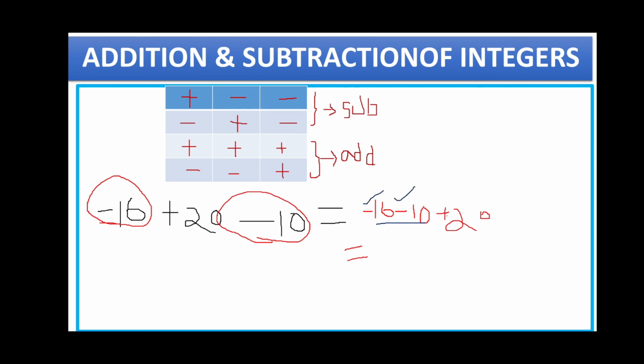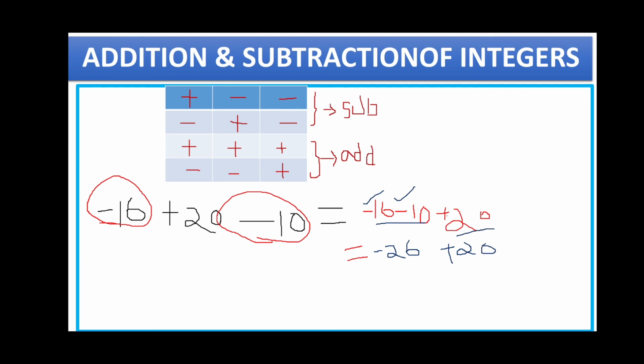We are doing addition here as both the integers have the same signs. That is 26. And what sign do we have to assign for 26? Yes, it is minus. So minus 26. And what is the remaining number? Plus 20.